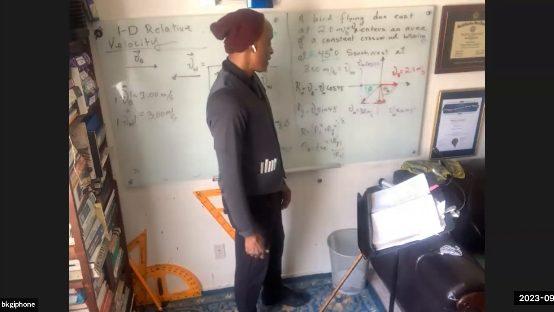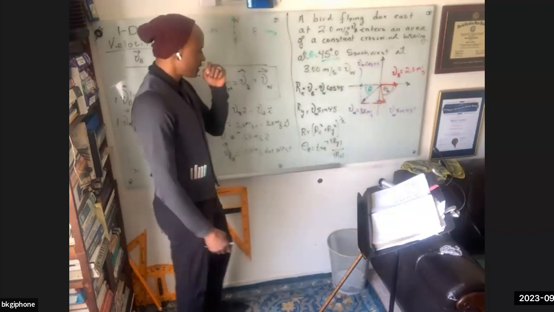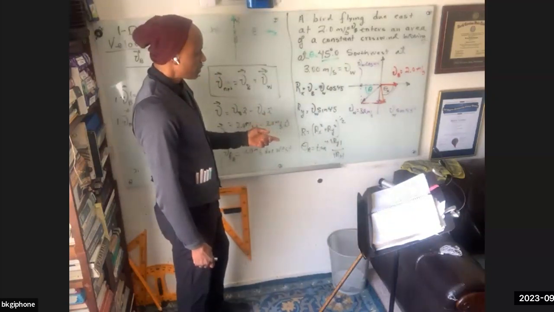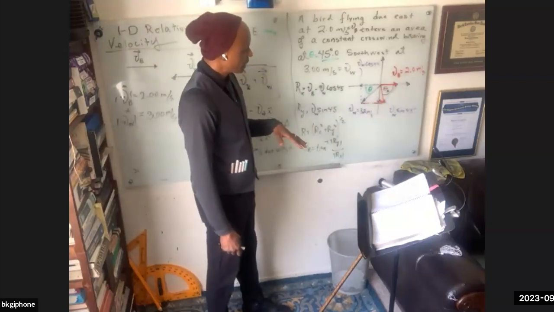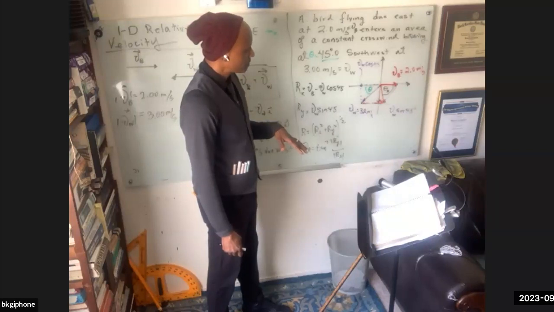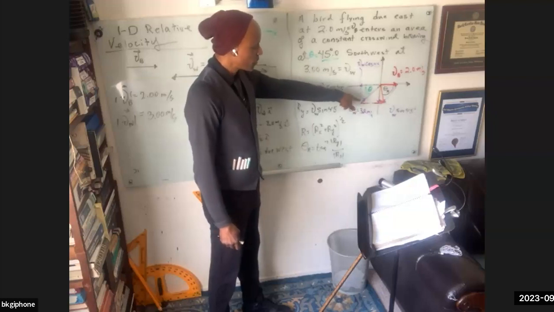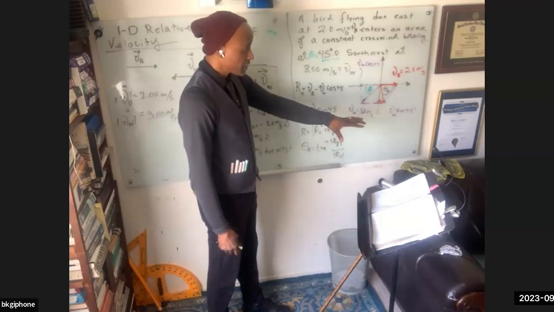Now, in this case, you can just convert it back to the north-southeast thing. So the wind is blowing southwest, but the bird would actually be flying southeast, so south of east.